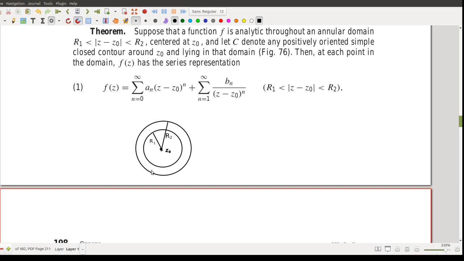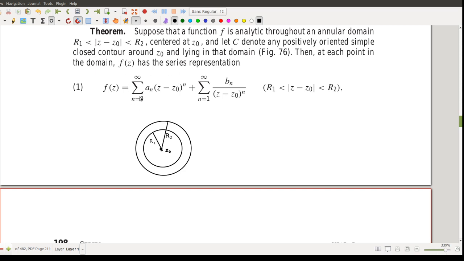So if you consider any simple closed contour lying inside this annular region, then at each point in the domain f(z) has the series representation. This is not a power series. This series may contain positive powers of z − z0 as well as negative powers of z − z0. So f(z) can be expanded using two parts.